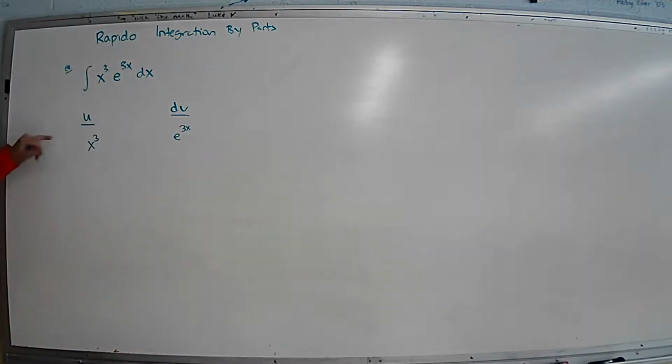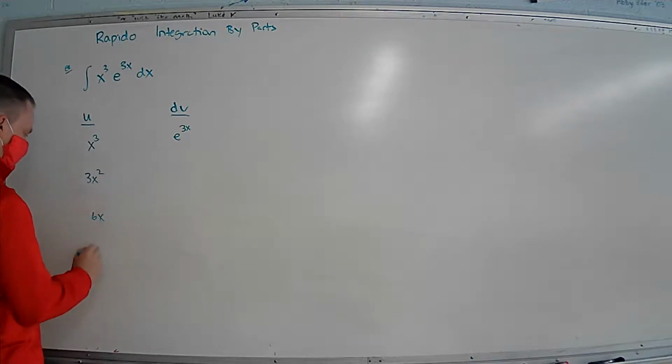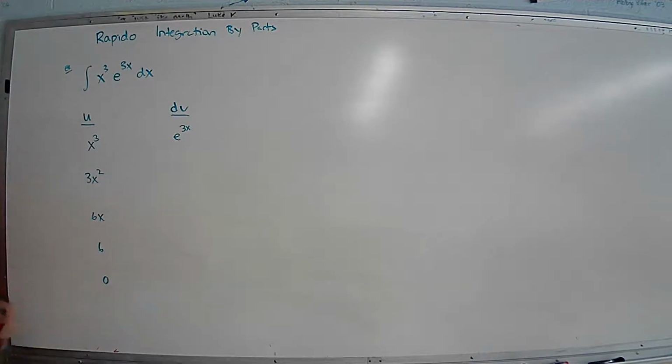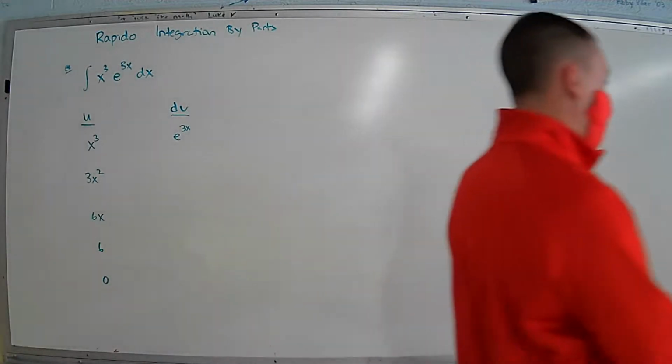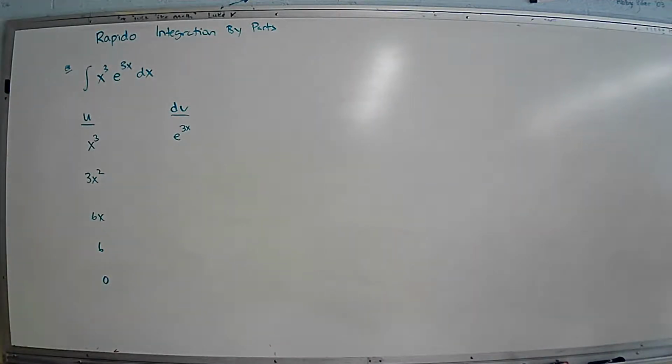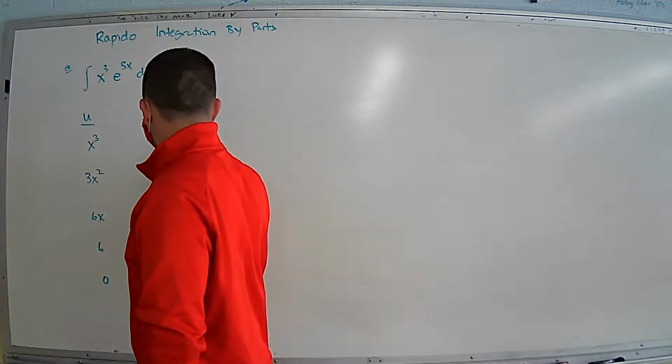Then, in the U column, you differentiate this all the way down until you get 0. Okay? And in the DV column, you anti-differentiate. So now you've got to be able to do antiderivatives pretty easily and quickly. When you anti-differentiate e to the 3x, you get e to the 3x over 3.